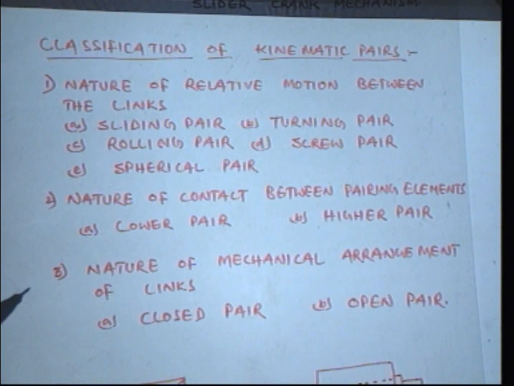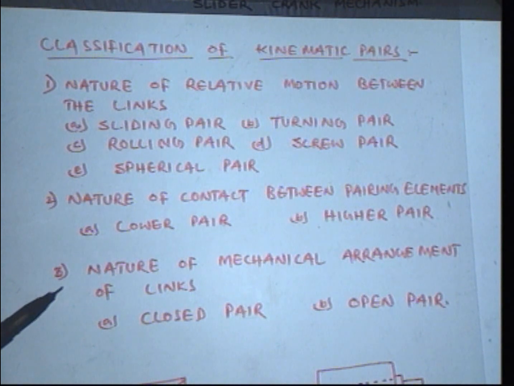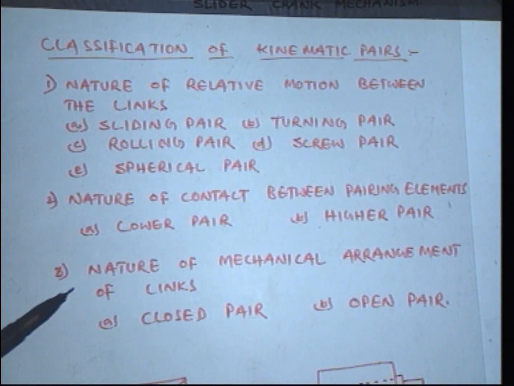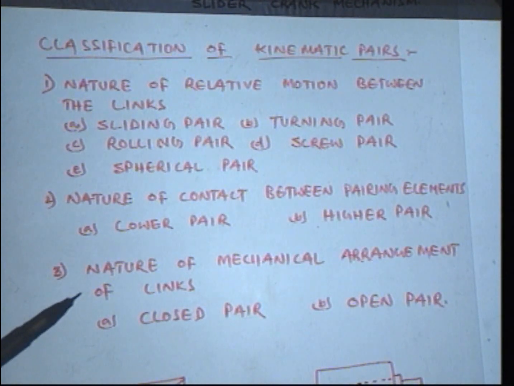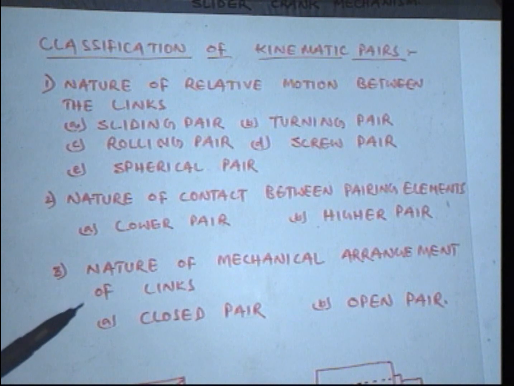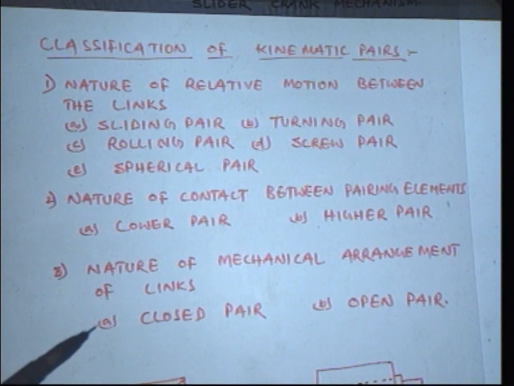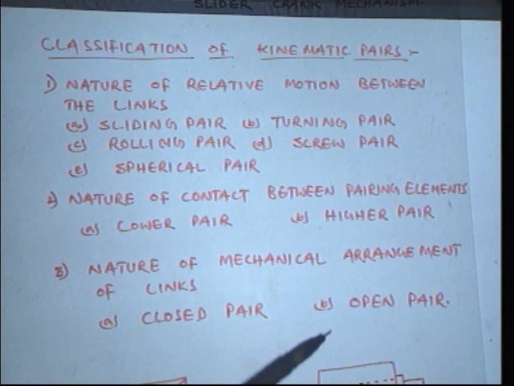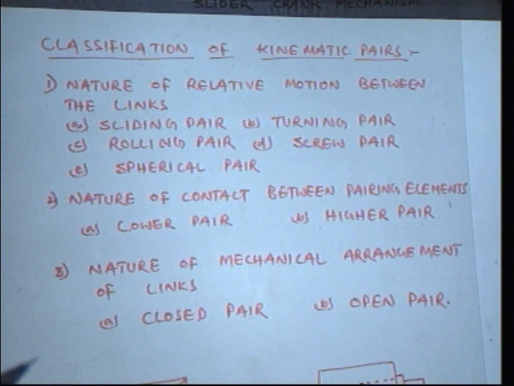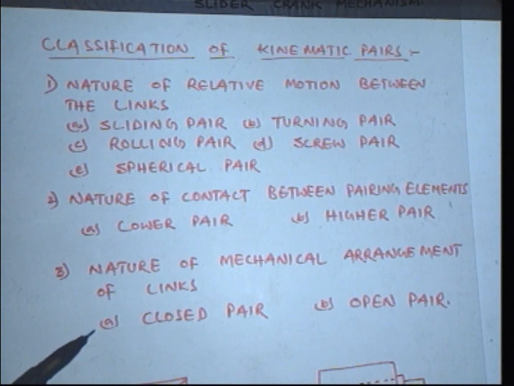We now discuss the third classification of kinematic pairs. It is based on the nature of mechanical arrangement of links. In this classification, we have a closed pair and an open pair. We now discuss about the closed pair.